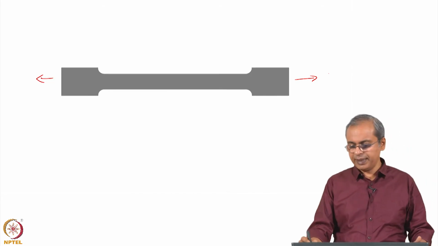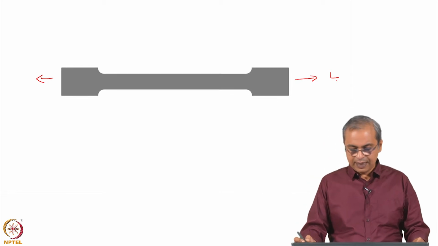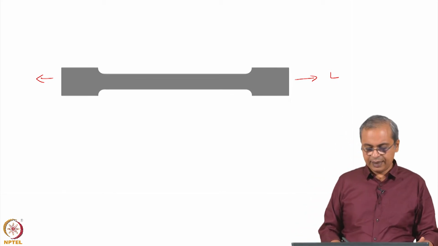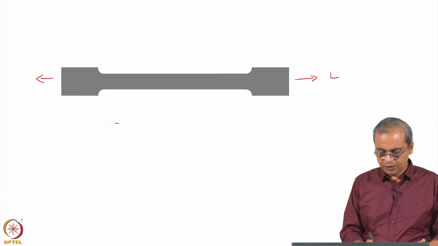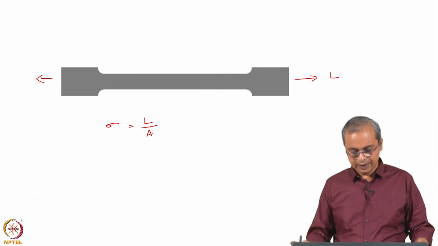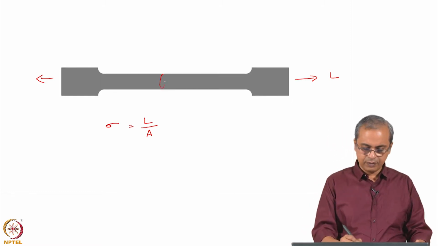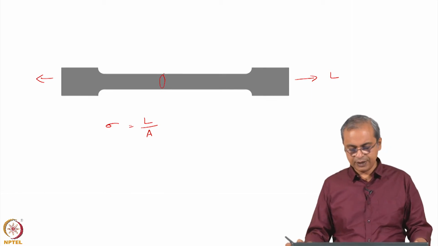L is the load you are applying, and if there is a cross sectional area A, then the stress that you are applying is L by A. If that is the cross section here, we will assume that for that cross section you are getting the area A.